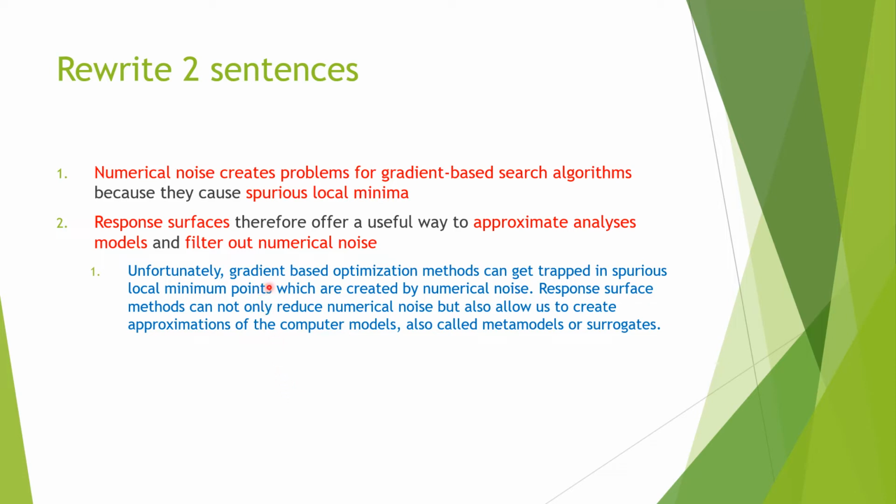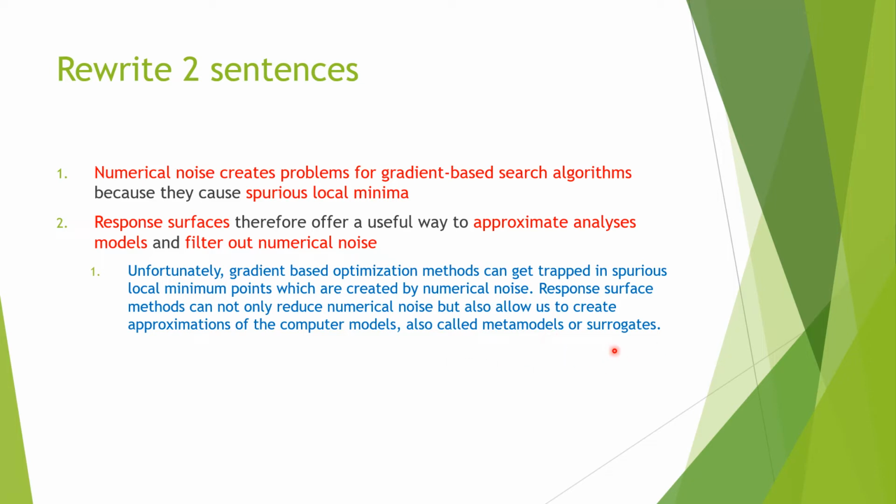So the fact is that gradient based methods can get trapped in spurious local minimum points which are created by numerical noise. Now, response surface methods can not only reduce numerical noise, but also permit us to create approximations of the computer model, also called meta models or surrogates.